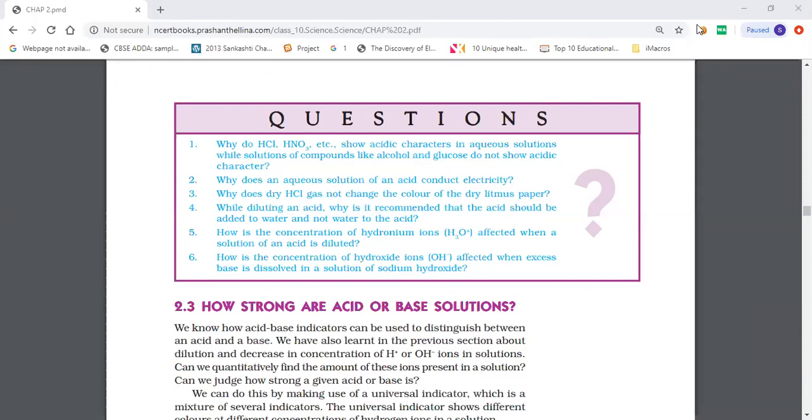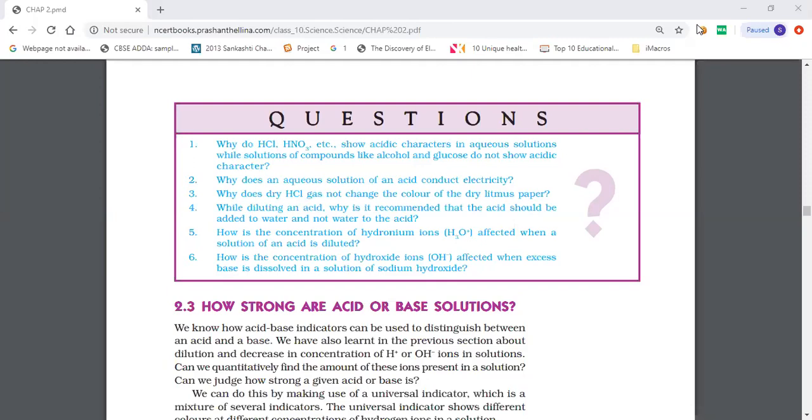Acid shows acidic characters in presence of water, as H plus ions are free only in water, and H plus ions are only responsible for acidic behavior.